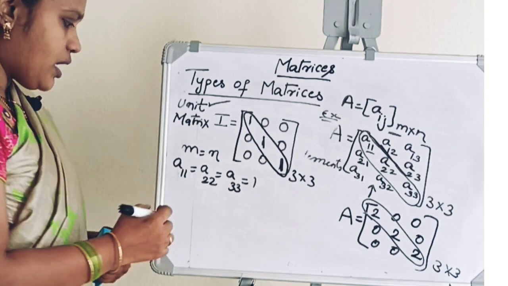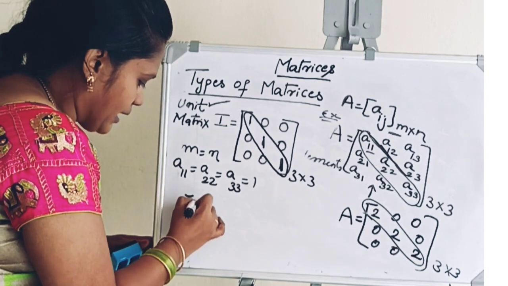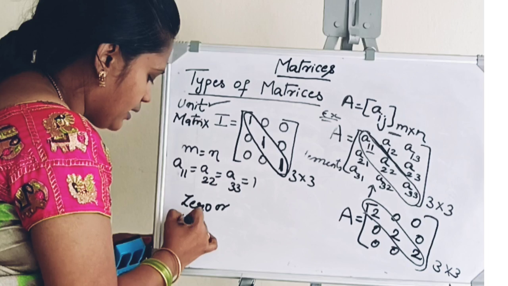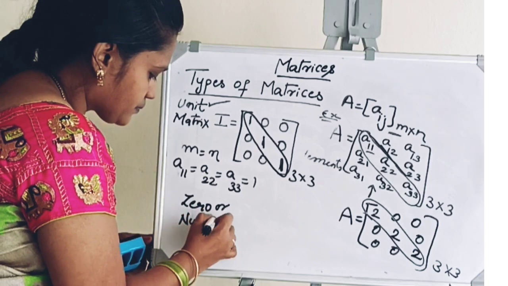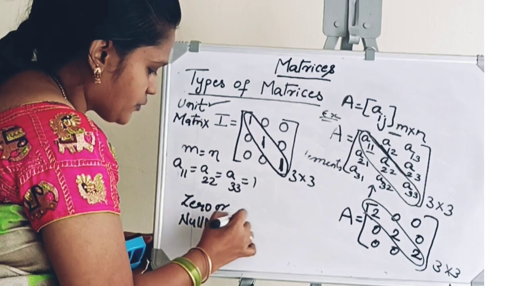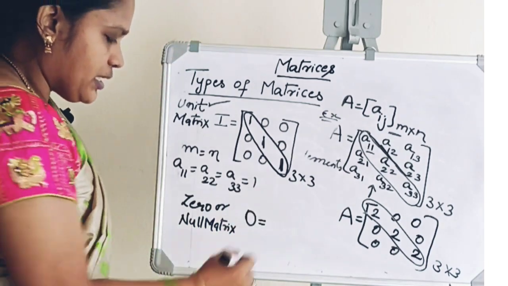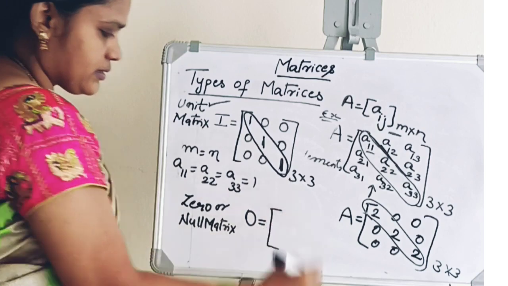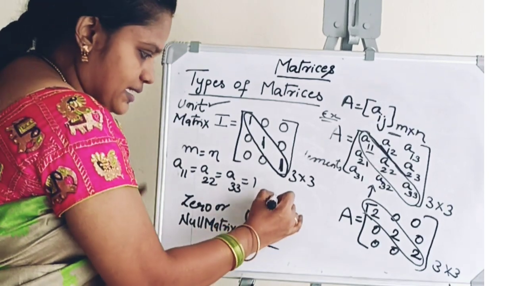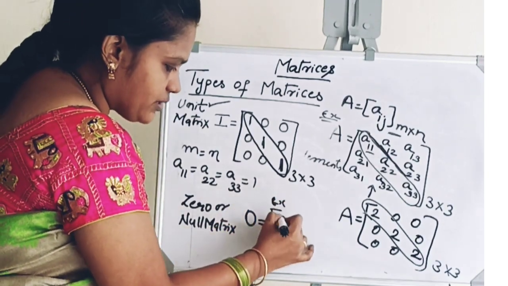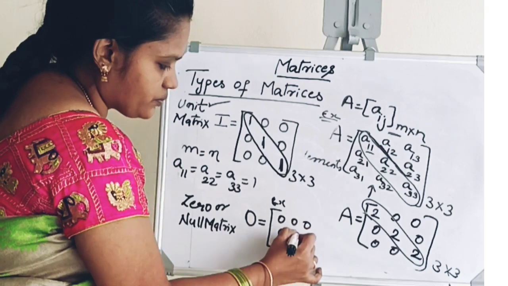Okay. Now comes the zero matrix or null matrix, usually represented with capital letter O. In this example, all elements will be equal to 0.